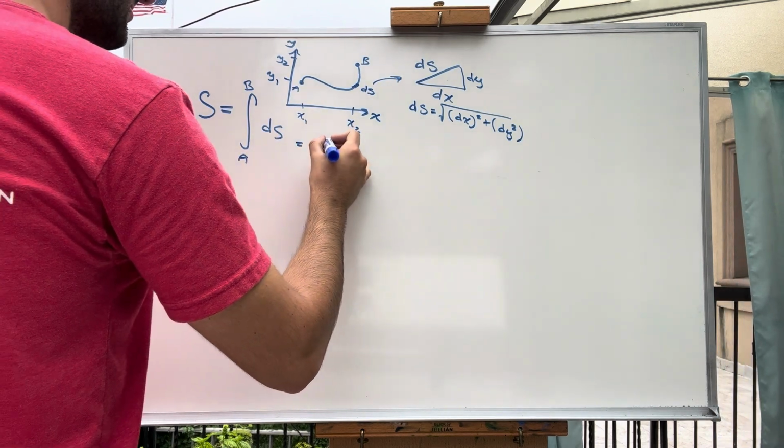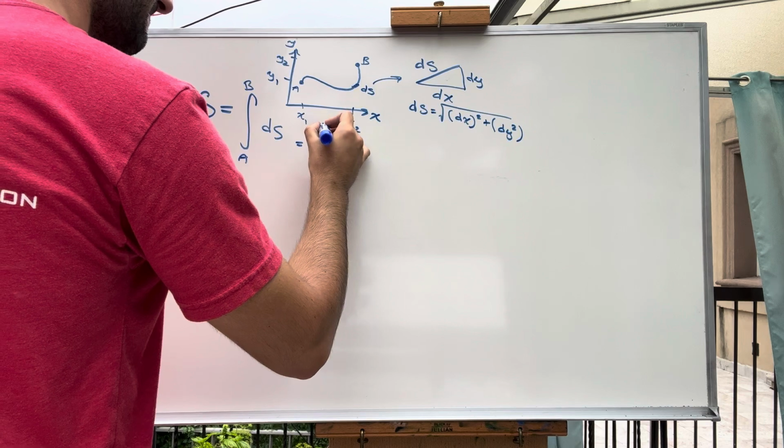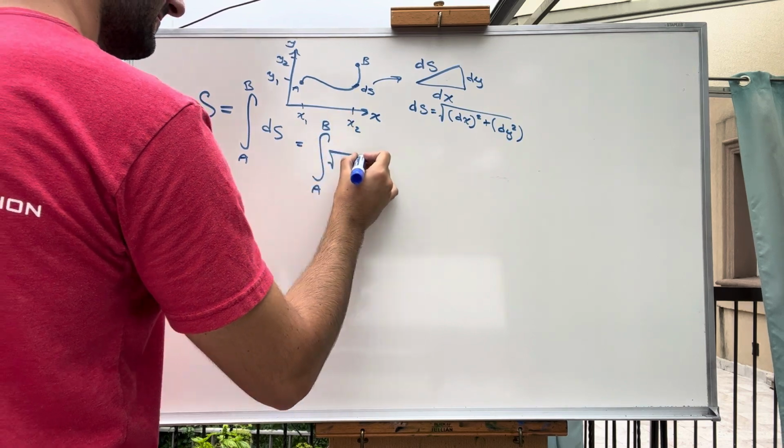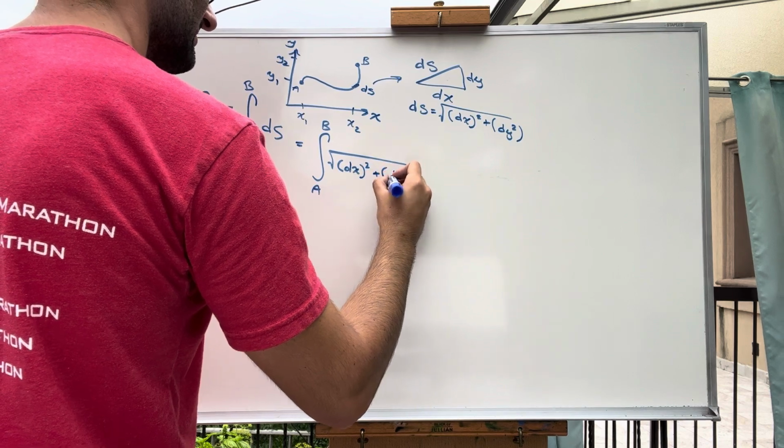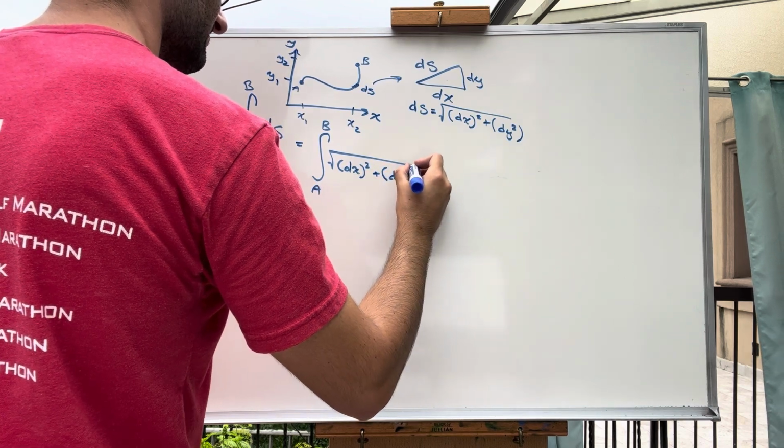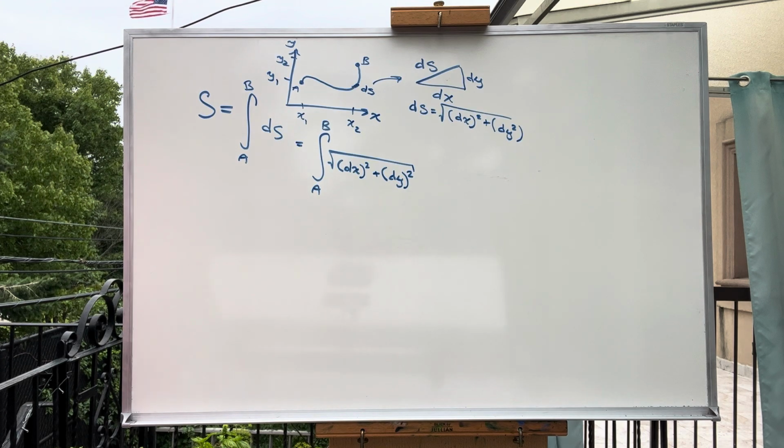So, when we rewrite this integral from A to B of the square root of dx squared plus dy squared, we can go ahead and factor out the independent variable dx squared.